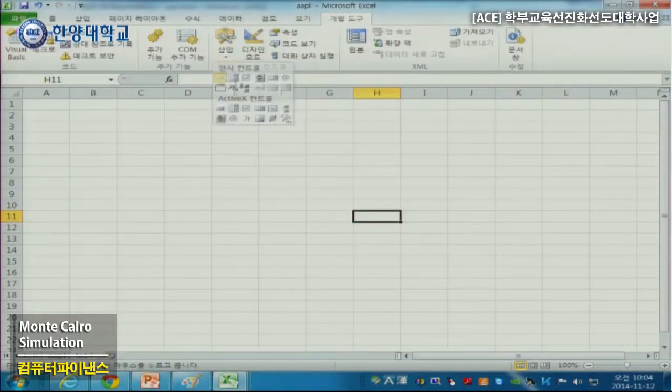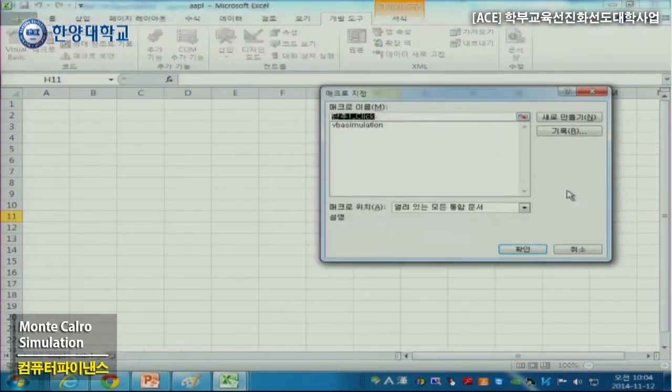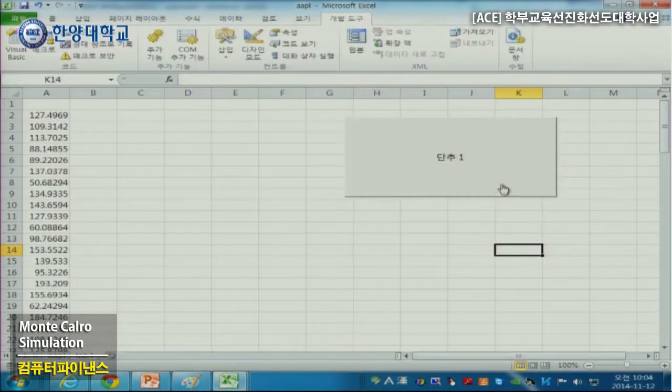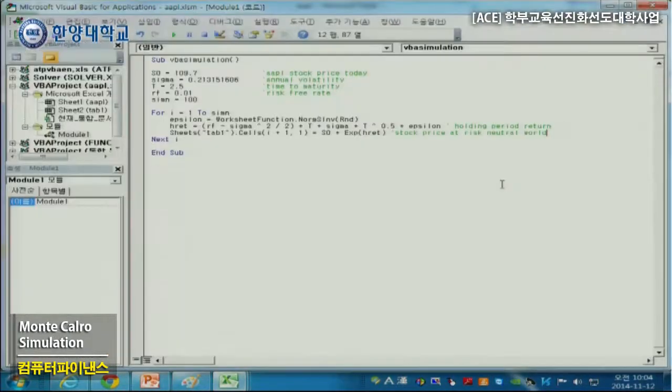And then I want to make a button. Right, I generate 100 stock price. Right? 100 stock price. Actually, but thing is that I don't actually have to simulate.